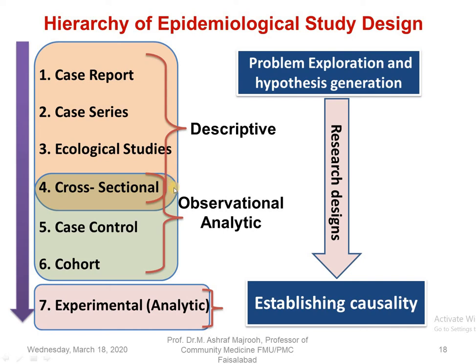The study which can at a time develop the hypothesis and test the hypothesis will be a cross-sectional study. Then case control, cohort and experimental study, they are exclusively analytical designs. Out of those, the case control and cohort are observational, while the experimental analytic studies are the experimental designs. So this is the hierarchy.